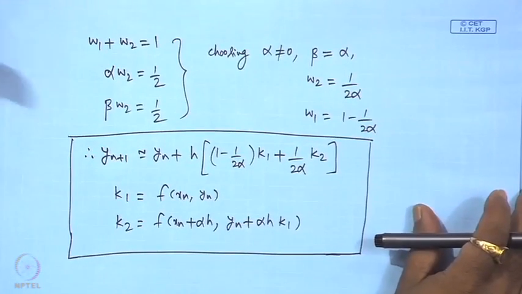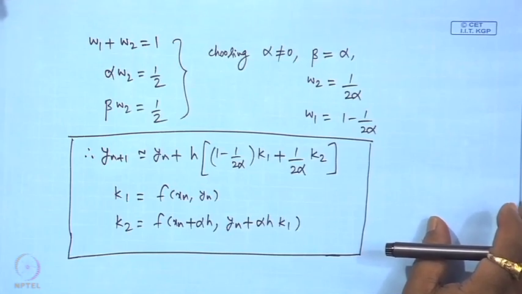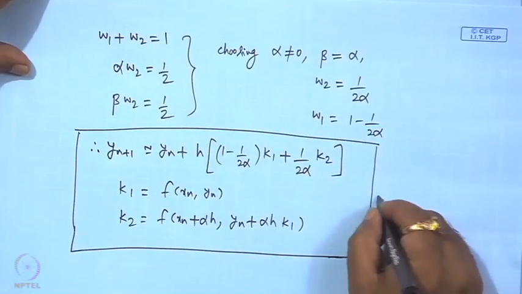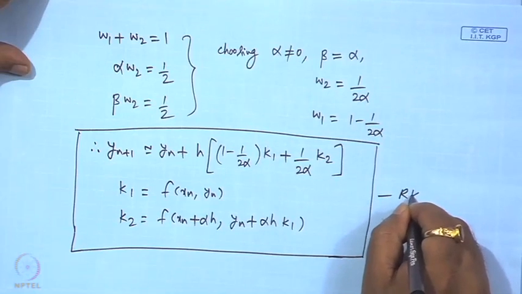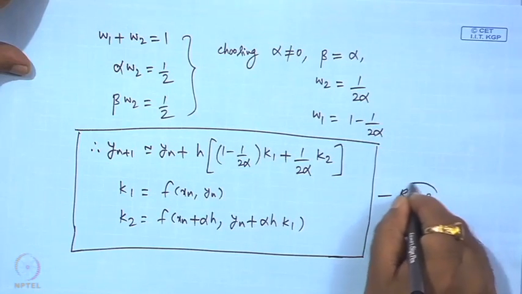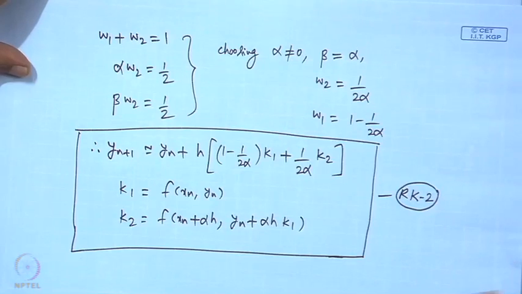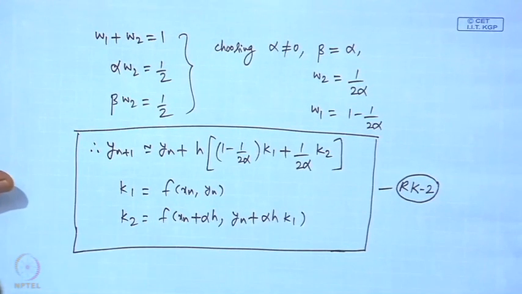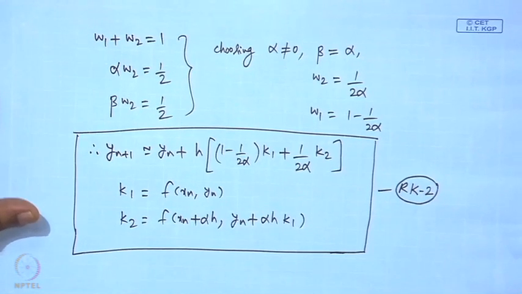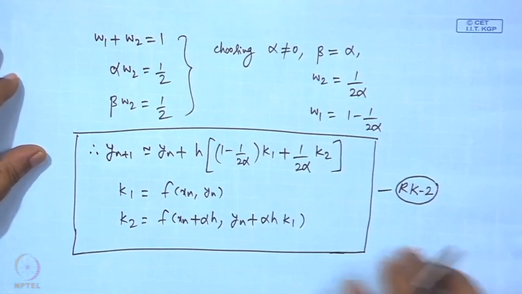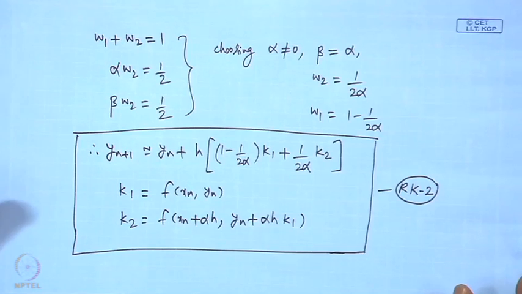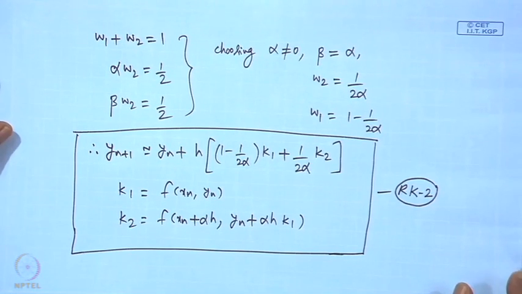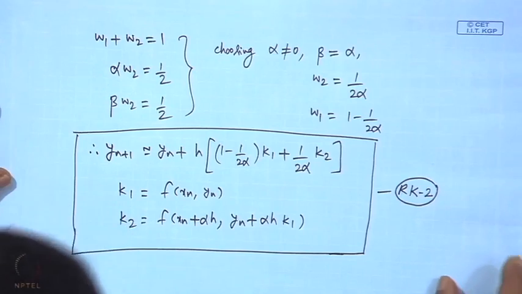So, now you can talk about specific values. Okay. So, let me write this as RK2, because I have compared only up to h square. So, therefore, maybe we are optimistic, just by comparing up to h square, we can call this method second order probably, right. Anyway, we can discuss that.